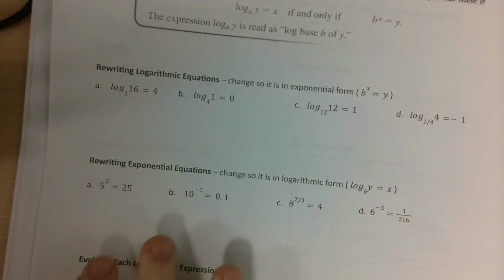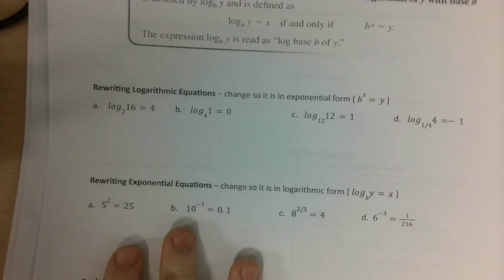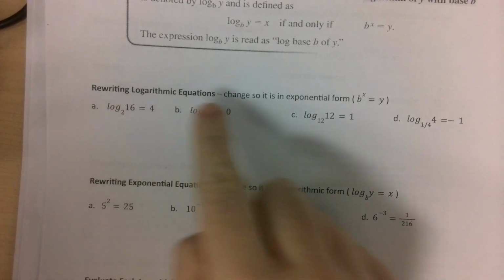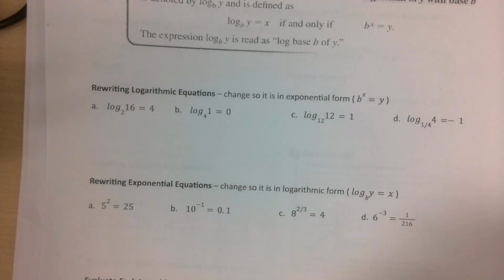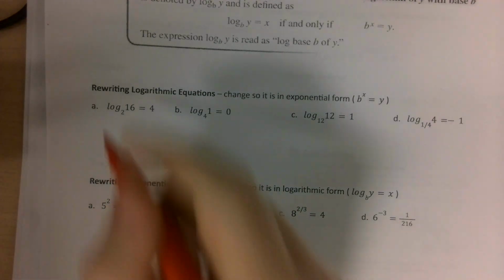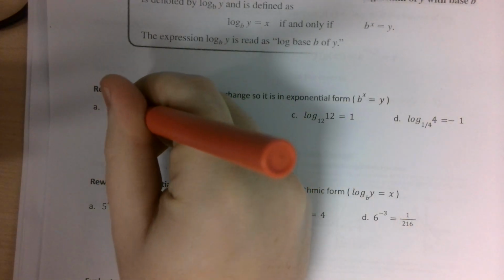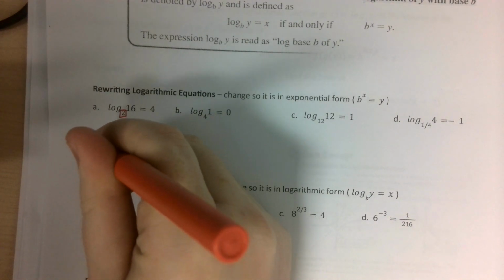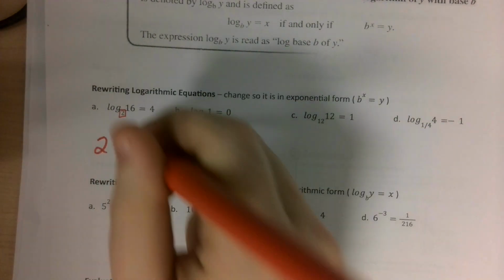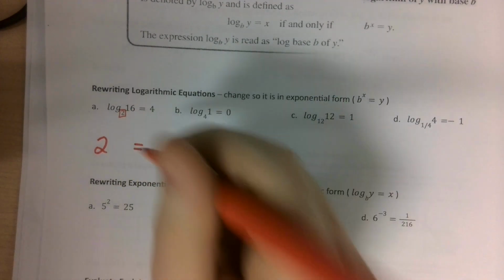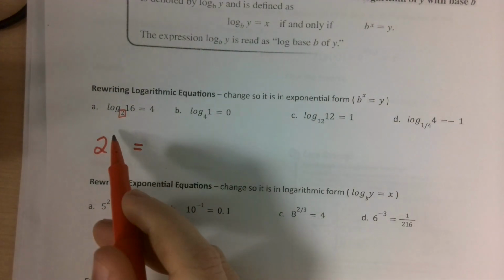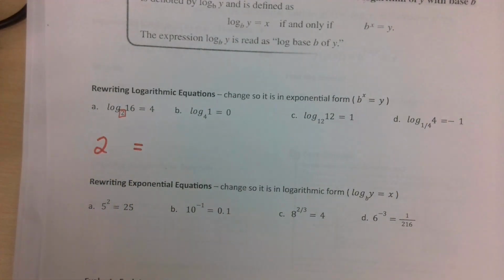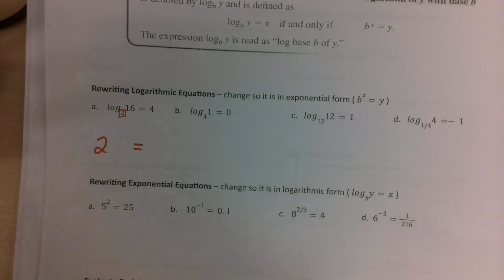So let's rewrite some logarithmic equations. These are asking us to change a logarithm into an exponential. Just remember, the number on the bottom, the base, is also the base of our exponential. So 2 to the something power equals something. Our exponent is always what's on the other side of the equal sign.